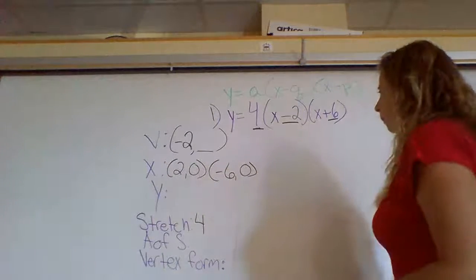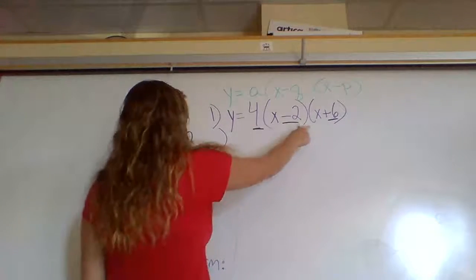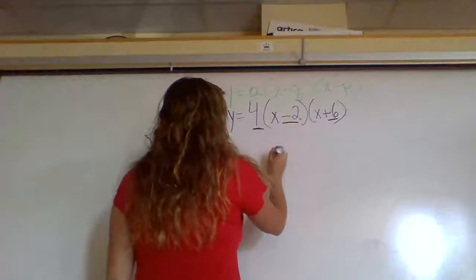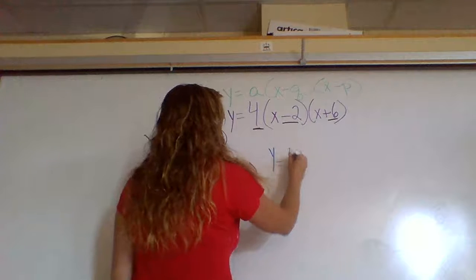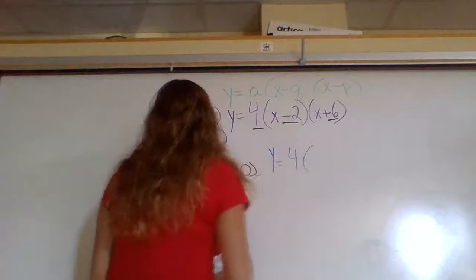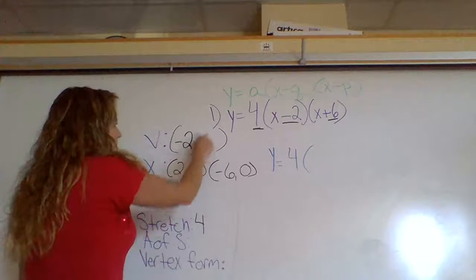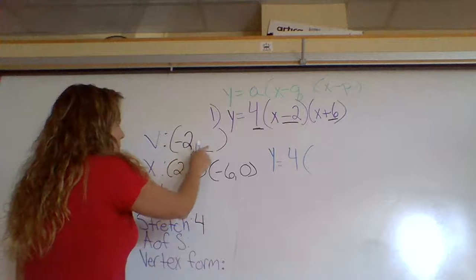Everywhere I see an x, I'm going to substitute in -2. So that's going to be y equals, rewrite the 4, and then we're substituting in -2 because we want to figure out when x is -2, what is y?